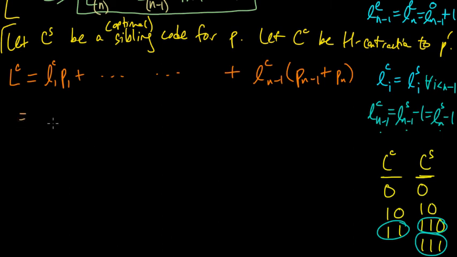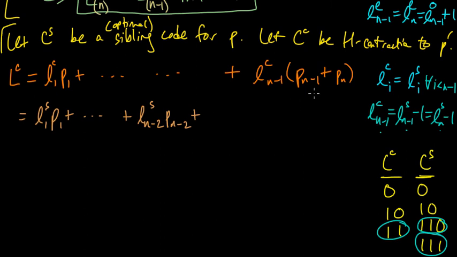Okay, so let's now plug those in over here. What are we going to get? Well, these are all the same: L_1^S p_1 plus dot dot dot plus L_{n-2}^S p_{n-2} plus, let's distribute this first, and then we'll plug those each in.